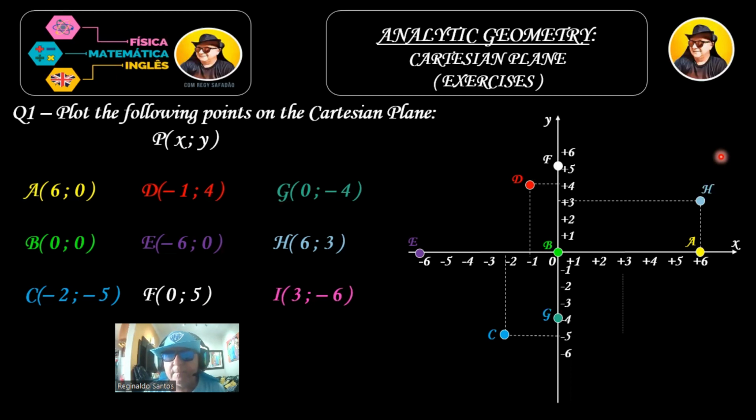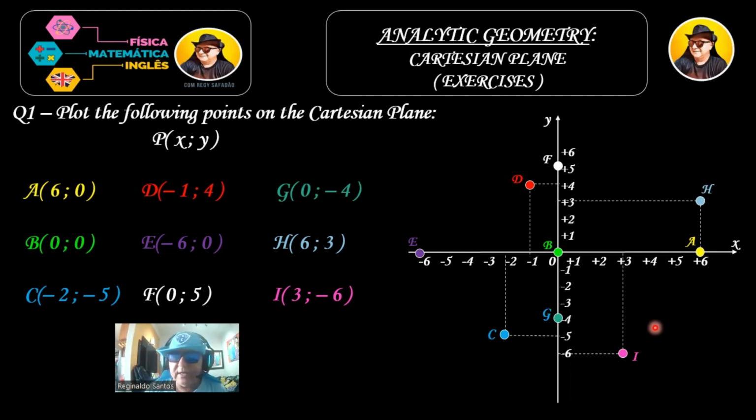Let's see. 3 for x, negative 6. It is in quadrant 4. So that is point I. Well, so question number 1 is already done. The points were plotted on the coordinate plane. And now let's see question number 2.